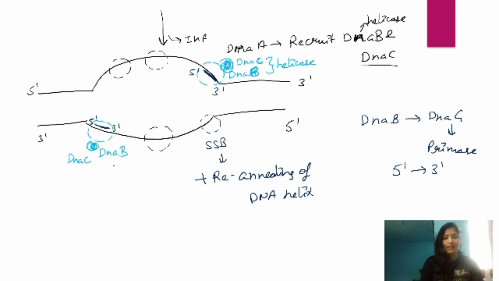So there is an activity performed by DNA B, which is known as rotational activity. So it will rotate and add a primer over here, and this one will also rotate and add a primer over here. So all these things we will be studying in our next video.